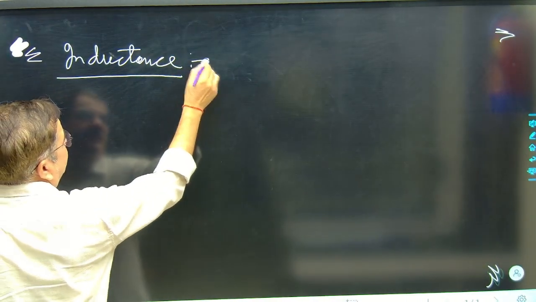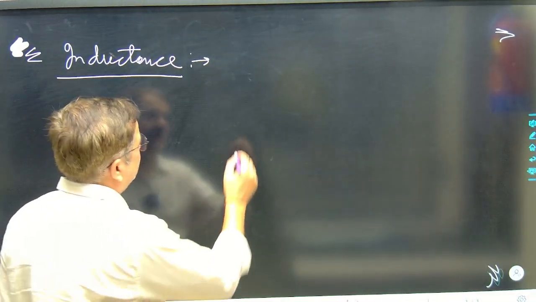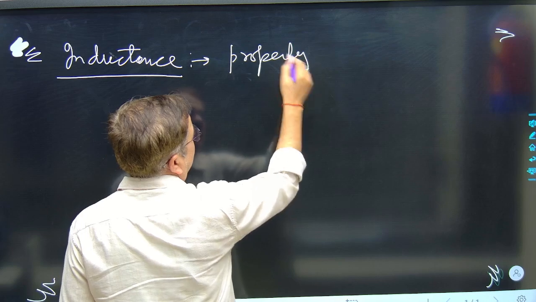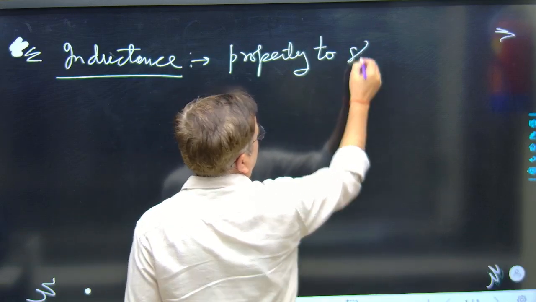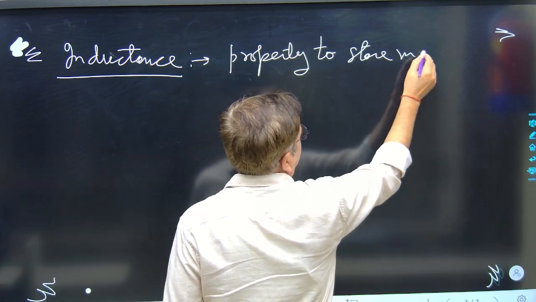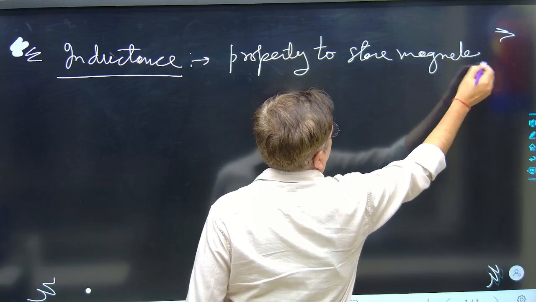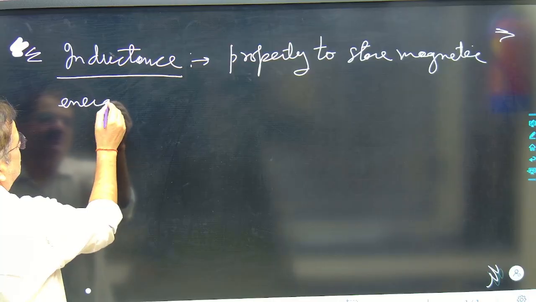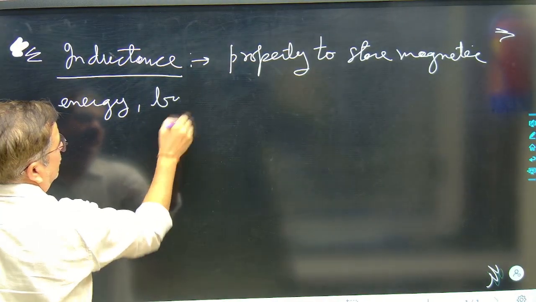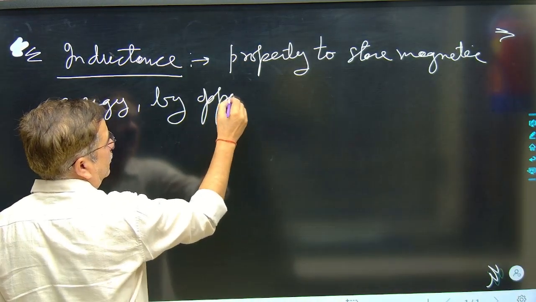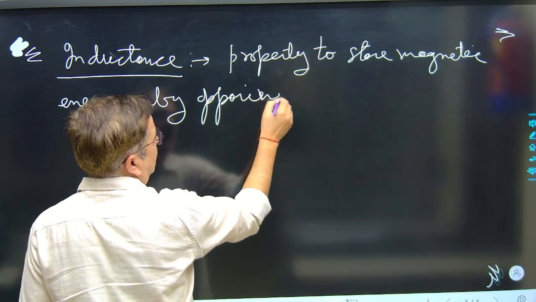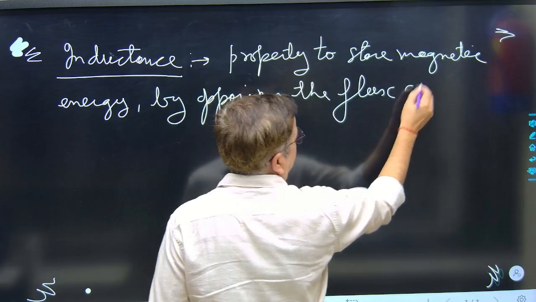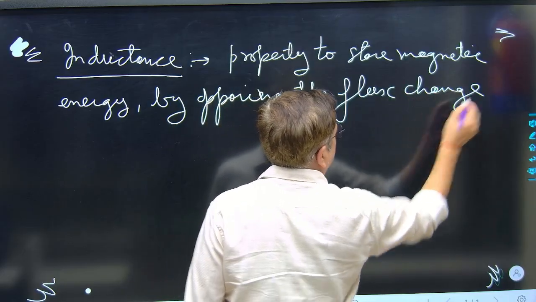Inductance, correct. So what is it? It is the property to store magnetic energy by opposing the flux change, the magnetic flux change, in it.